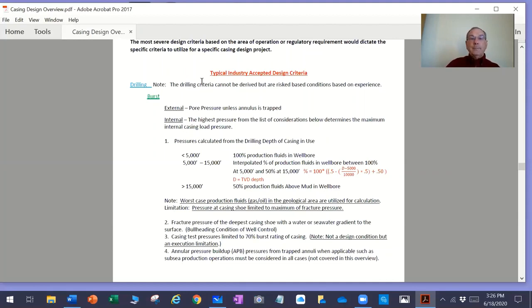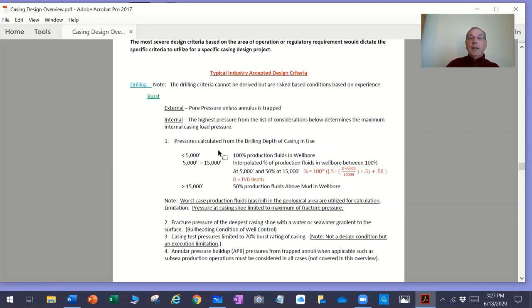So for burst, external pore pressure is what we utilize on the outside unless the annulus is trapped. If it's trapped, I've already mentioned, then we can use mud weight, but otherwise we'll use pore pressure. Internal, we're going to use the highest pressure from the list of considerations below to determine the maximum internal casing load pressure.